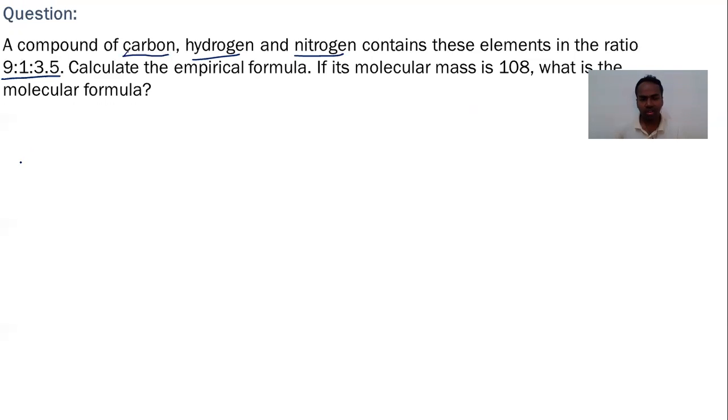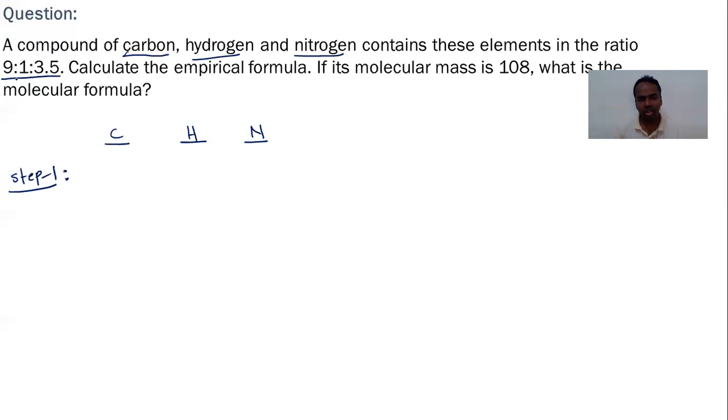I already discussed how to find the empirical formula in the earlier method. The first step: how many elements are there? Carbon, hydrogen, and nitrogen, so three elements. Step 1 is to convert the percentage to weight, but here they didn't give the percentage; they gave the weight ratio, 9:1:3.5.